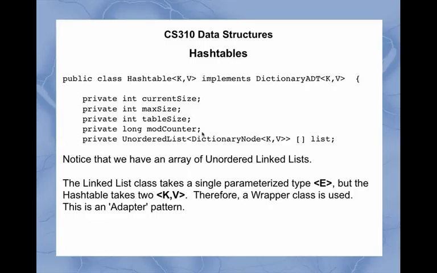So here's the declaration for our array. We have an array of linked lists. Now we should comment that it makes absolutely no sense to use an ordered linked list in a hash table because it doesn't speed up operations. That is, searching an unordered linked list is big O of n. Searching an ordered linked list is also big O of n.